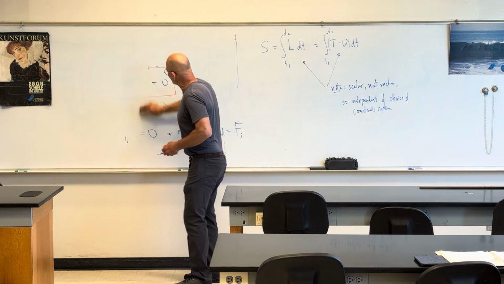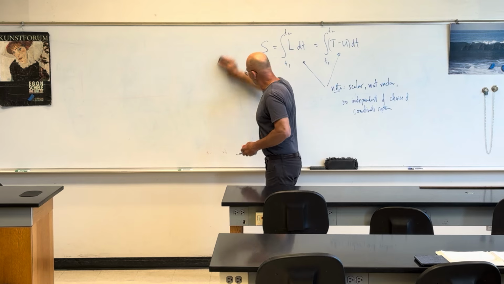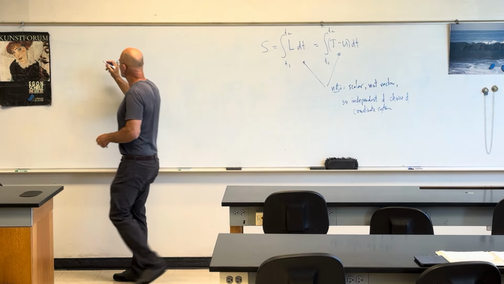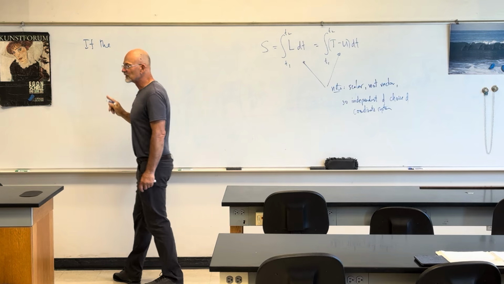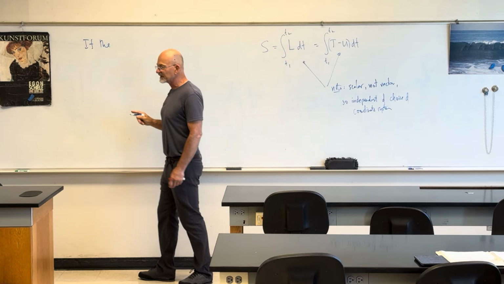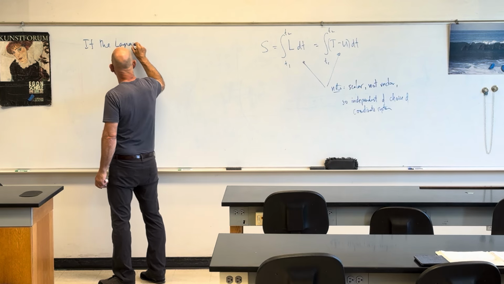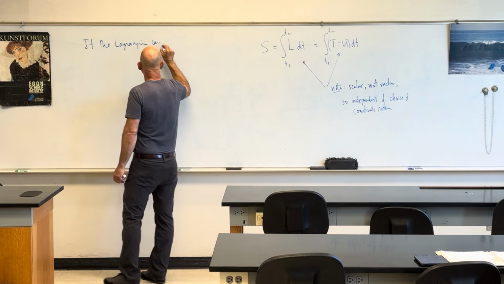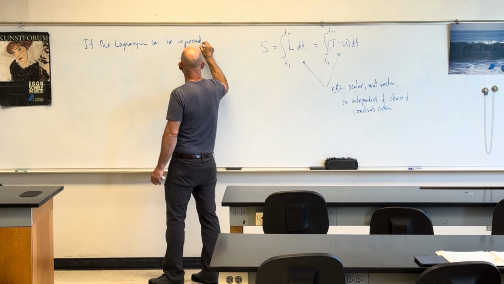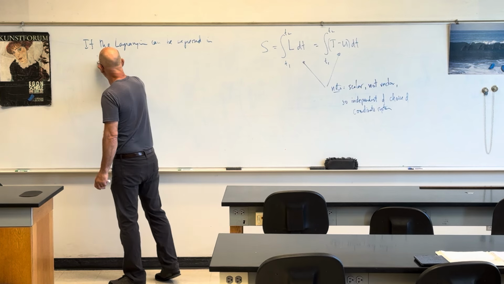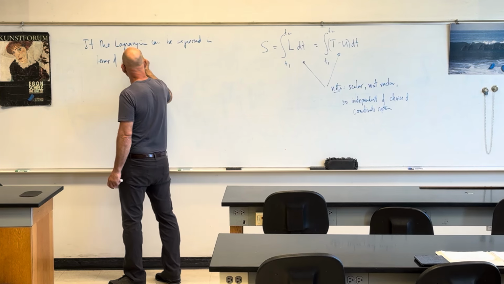So we've got to work our way into that step by step, but I'm going to put the result up for us. If the Lagrangian can be expressed in terms of independent generalized coordinates, just think plane polar or spherical.